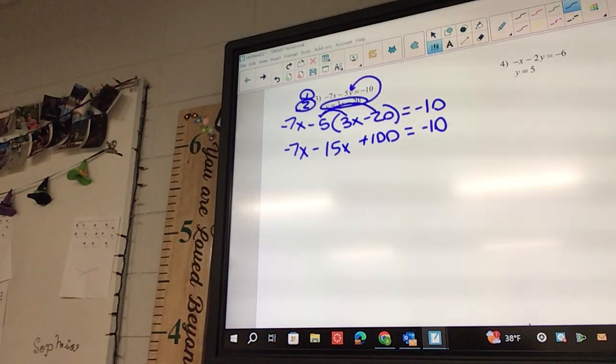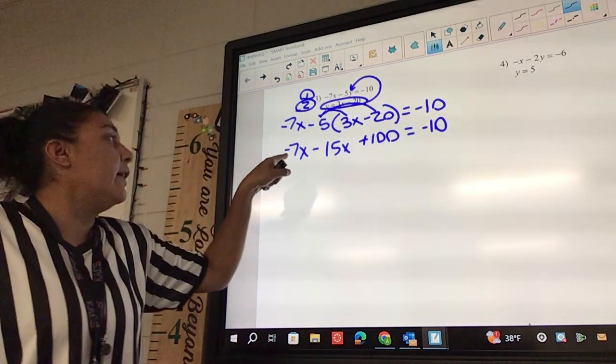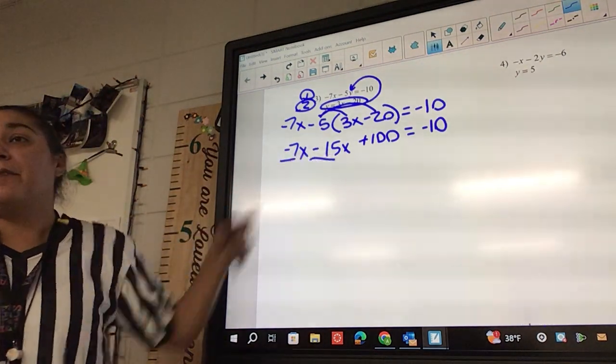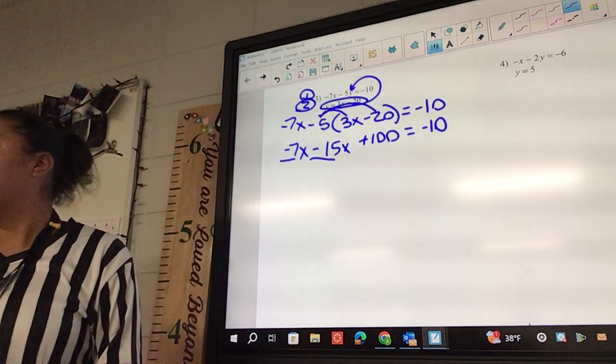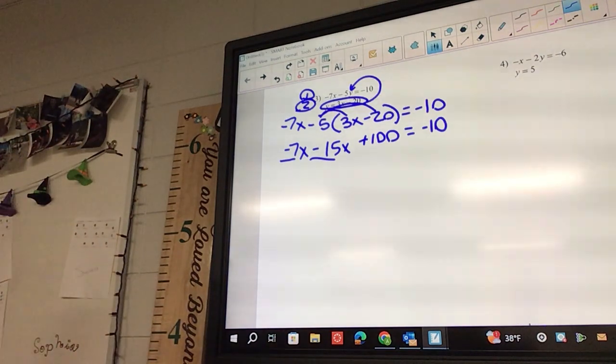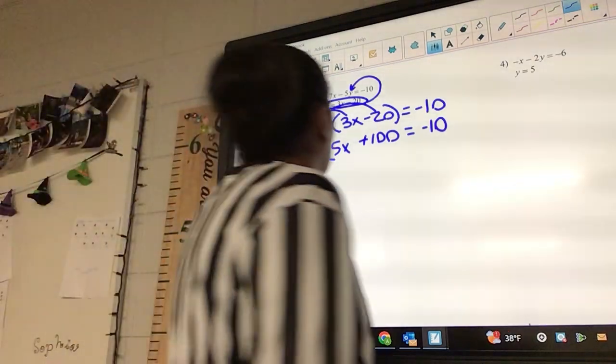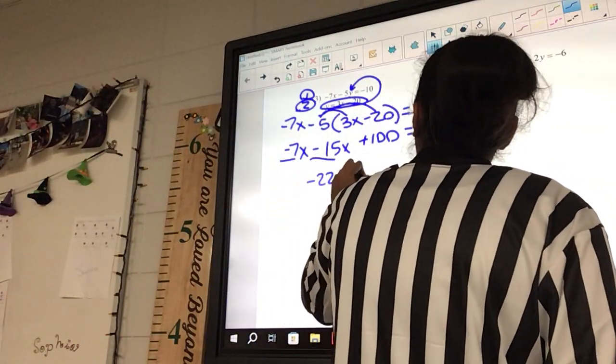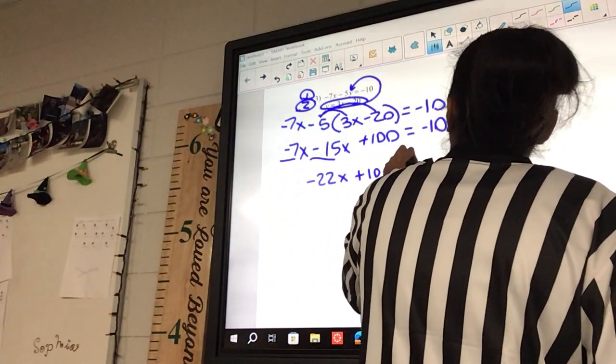Okay, and then what needs done? Combine. Okay, again, on the calculator, type in minus 7, minus 15. What is that going to give you? Negative 22. That's what I got. Negative 22x plus 100 equals negative 10.